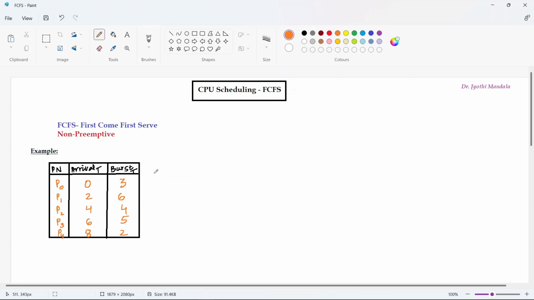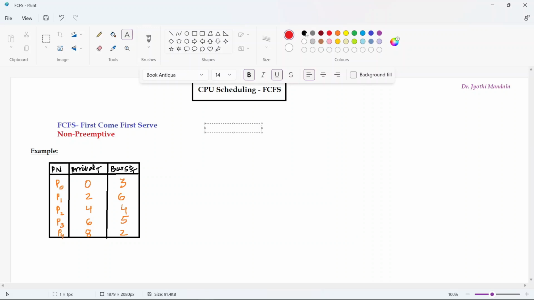Now how to solve this problem? To solve this problem, generally we need to maintain one queue called the ready queue. Okay, so I will write that. We will maintain the ready queue.